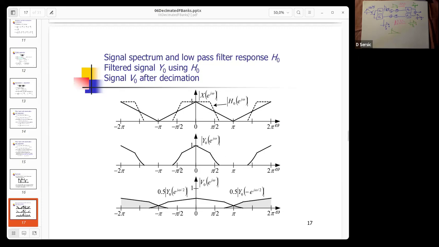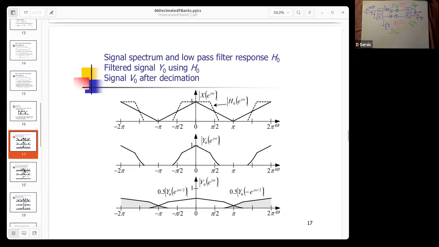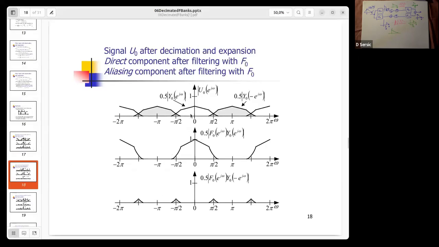It goes over pi half. And then we apply the decimator. What happens? It is expanded. And since it is expanded, it has two parts, two terms, as in our equation. Now it is depicted by white and gray, and these two terms overlap each other, so we have some mess around pi half.